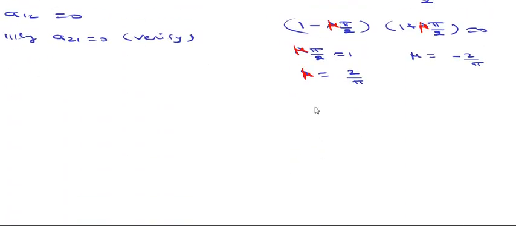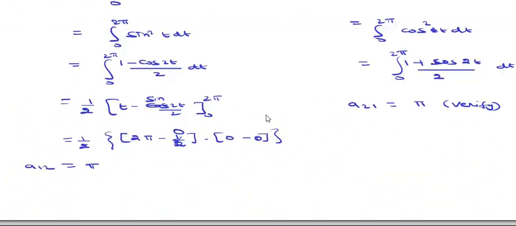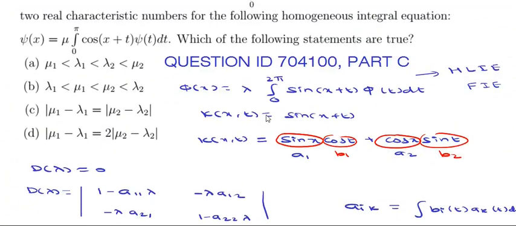So now mu1 can be taken as minus 2 by pi and mu2 can be taken as 2 by pi. So now we will check the options. Mu1 is less than lambda 1, less than lambda 2, less than mu2.